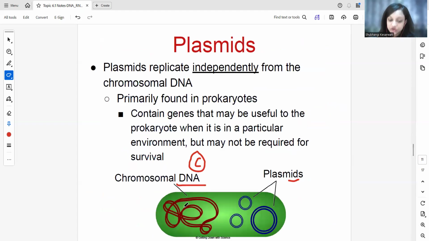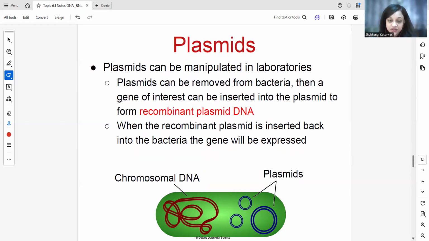So this is the chromosomal DNA, but here the plasmids are in circular form. These are primarily found in prokaryotes, and they contain some genes that may be useful to the prokaryote in a particular environment, but may not be required for survival. This is how the plasmid works.